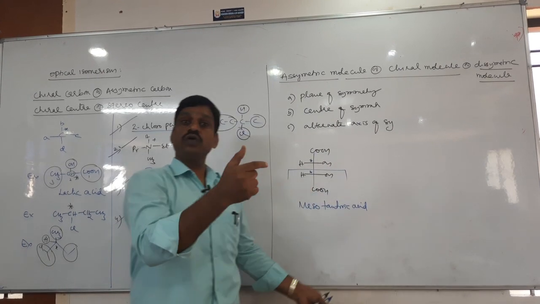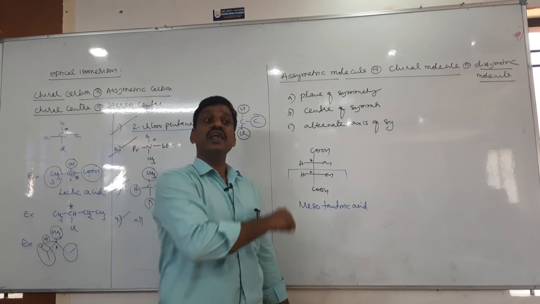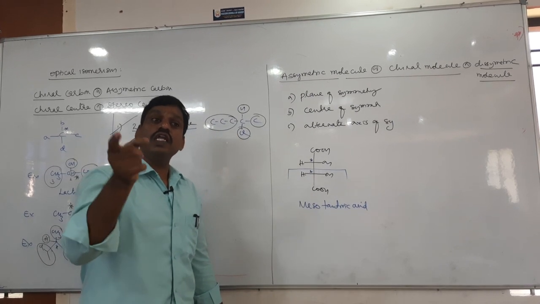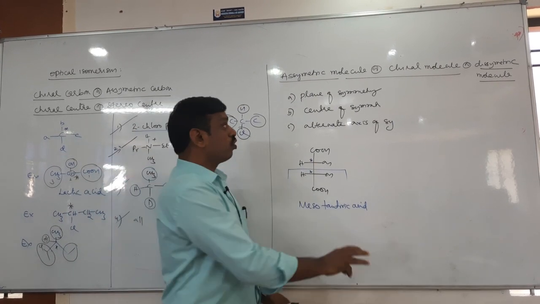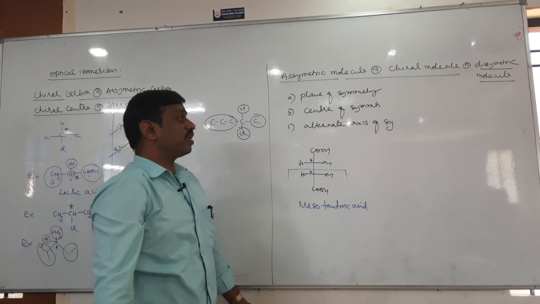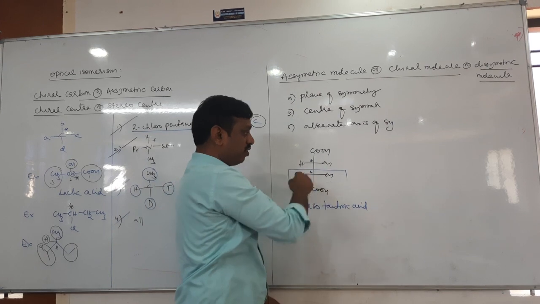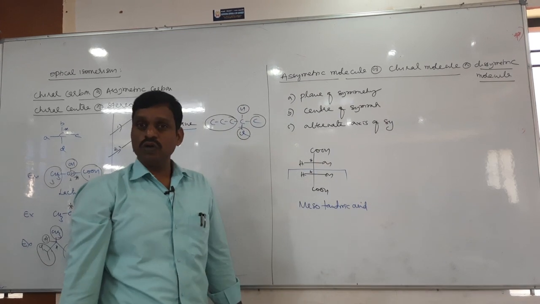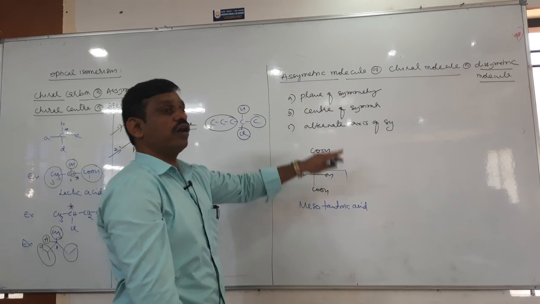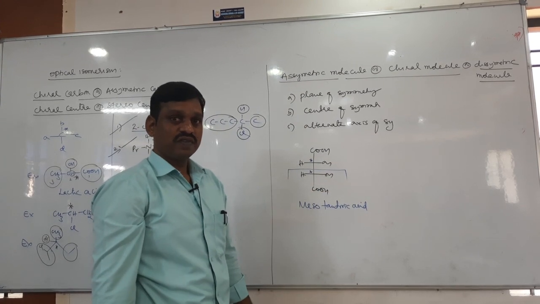Why? Because it does not have chirality. When the molecule has chirality, it does not have these 3 elements of symmetry. This molecule has which element of symmetry? Plane of symmetry. Therefore, it is an achiral molecule, or symmetric molecule.